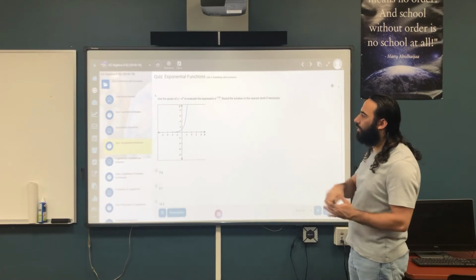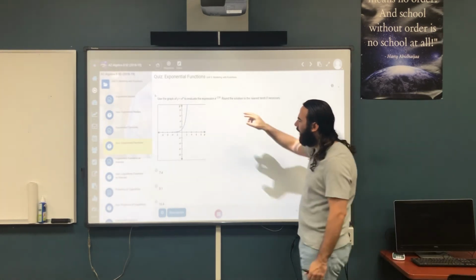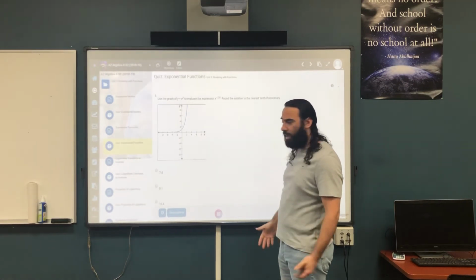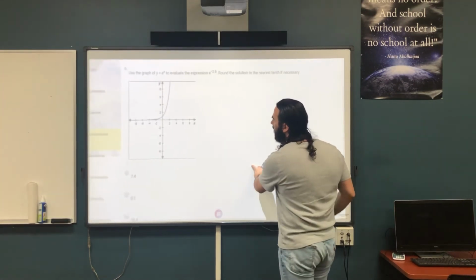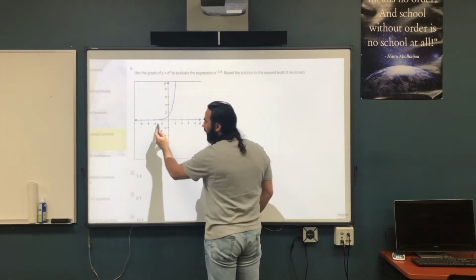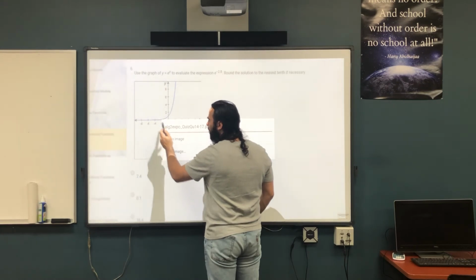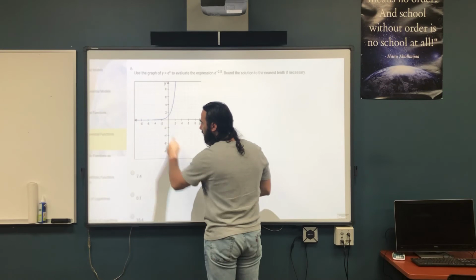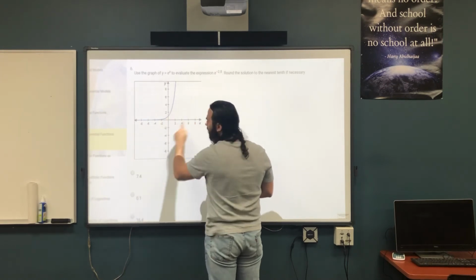The same thing here, guys. We have e to the power of negative 2.8, okay? I hope you can see it. So negative 2.8 is about here in the middle, really close to 0. As you can see, that's negative 2, and he wants negative 2.8.